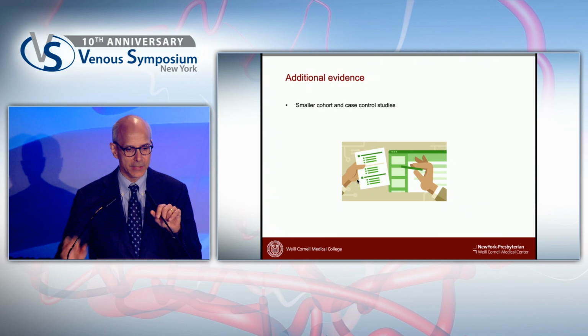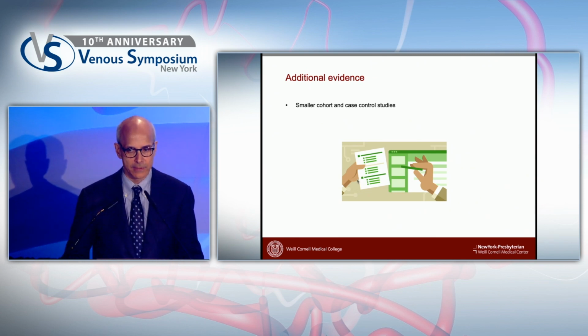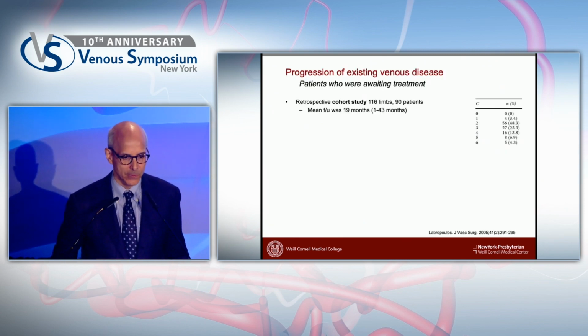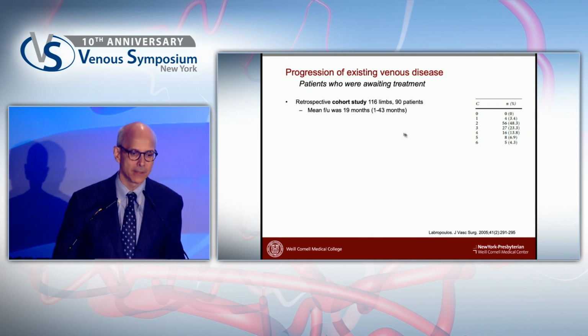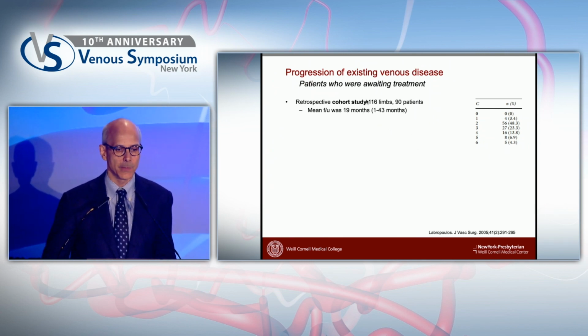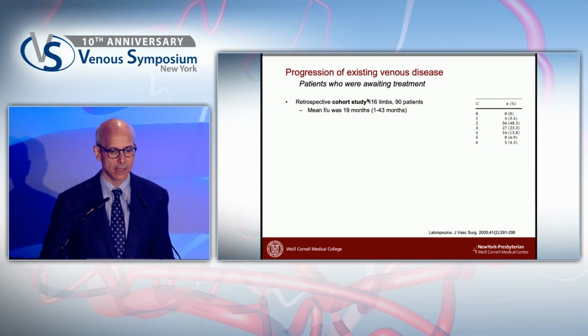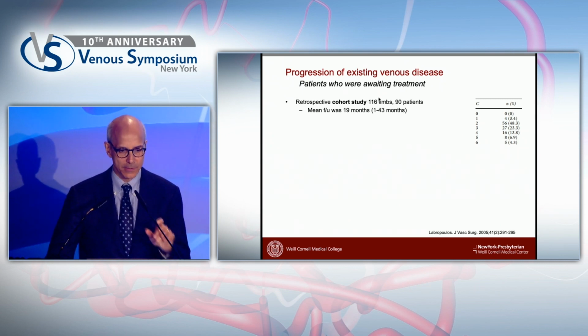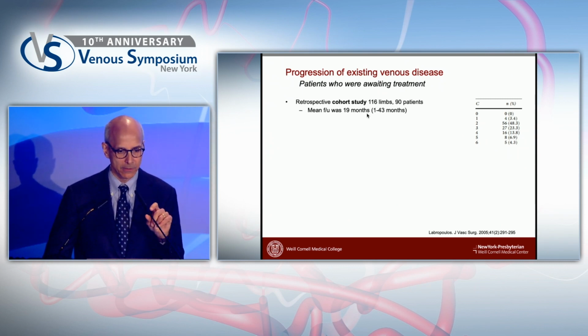So there's some additional data from some smaller cohort and case studies, and I'd be remiss not to comment on two papers by Nikos Labropoulos. One was a cohort study of patients who were waiting treatment. This is a single-arm study just following patients over a mean of 19 months while they awaited treatment. About half the patients were C2 or lower and half had CVI to start with.